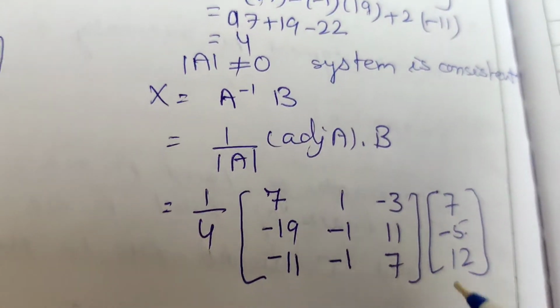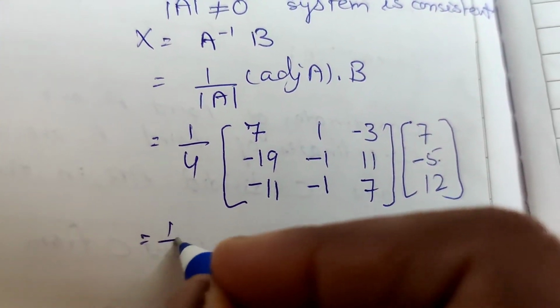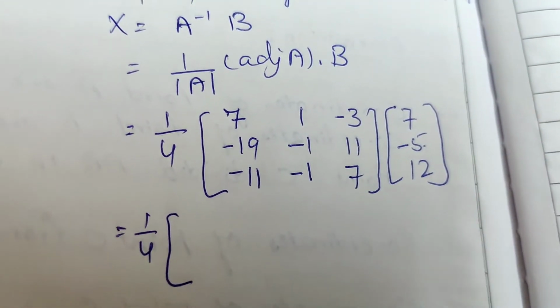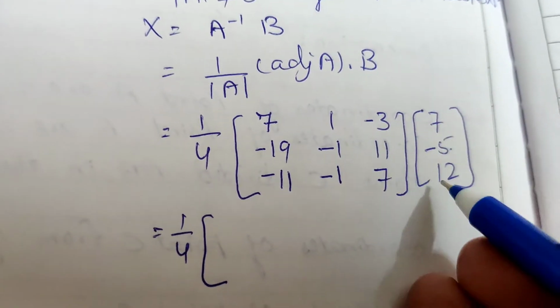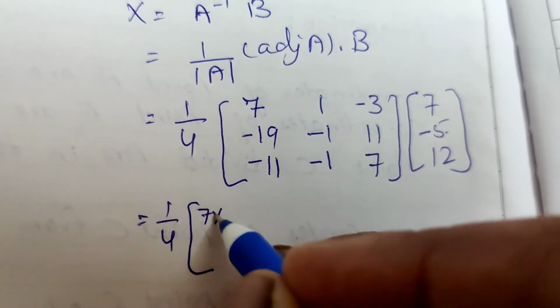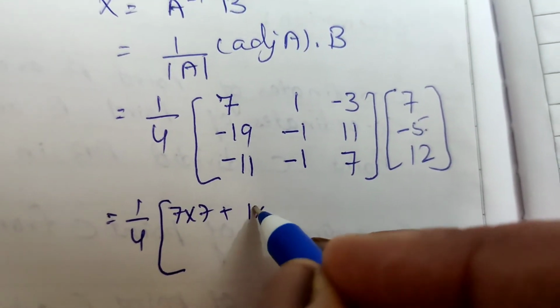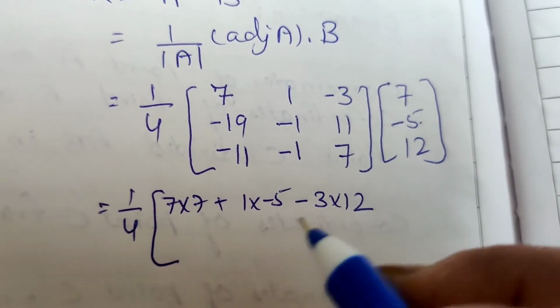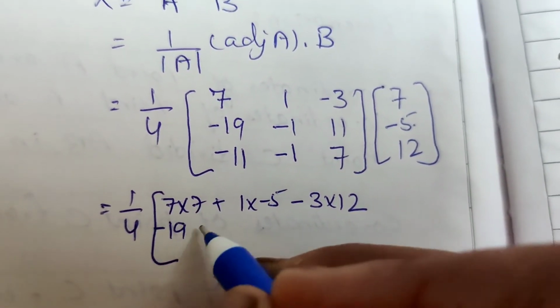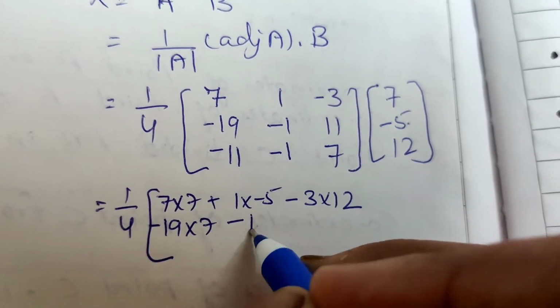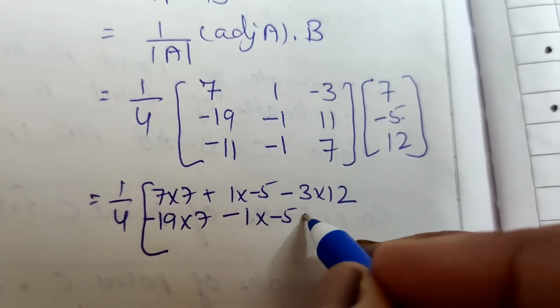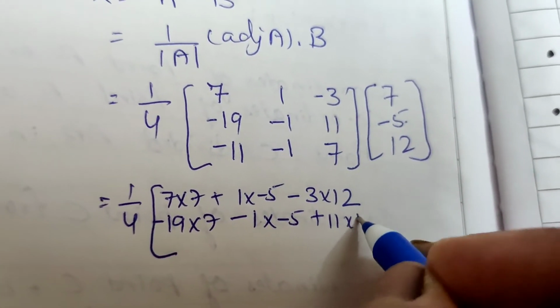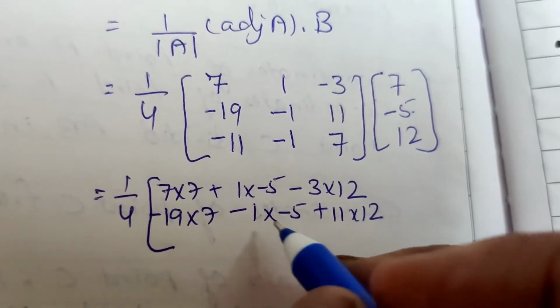Okay. Now calculate. Multiply and calculate. Just first row multiplied to this column. 7 into 7, 1 into minus 5 and minus 3 multiplied to 12. Same, minus 19 into 7, minus 1 into minus 5 and plus 11 into 12. Okay.